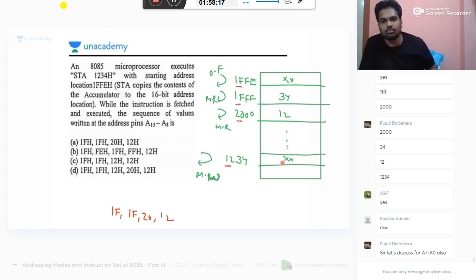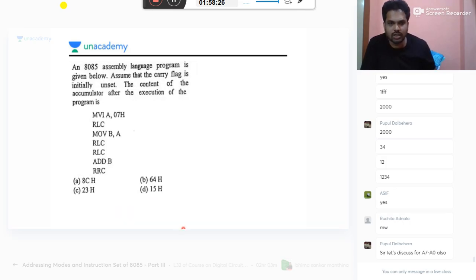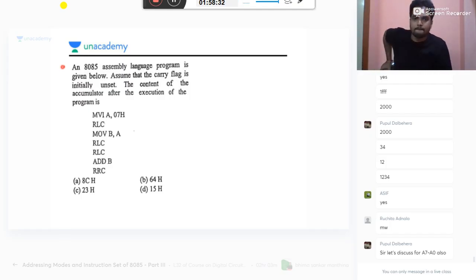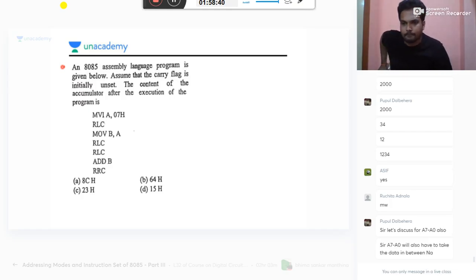First it will take, then the accumulator value into that. What is the problem in that? It will take in the first T state, this in the second T state and third T state. So do it fast. Assume the carry flag is initially reset. The content of the accumulator after the execution of the program is.